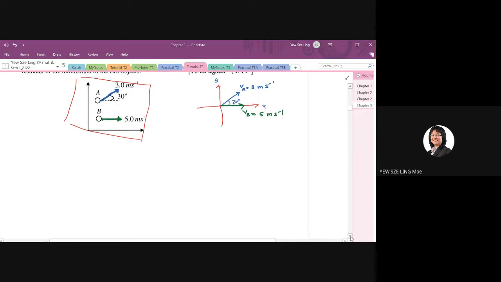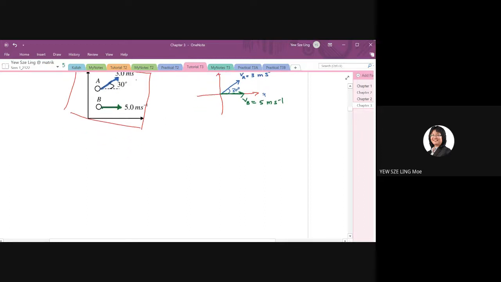Now let us construct a table as usual. I'm going to construct a bigger table because you need to do a lot of calculation in it. So this is my table.